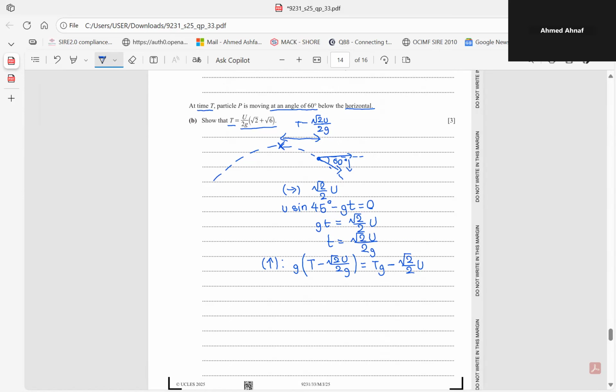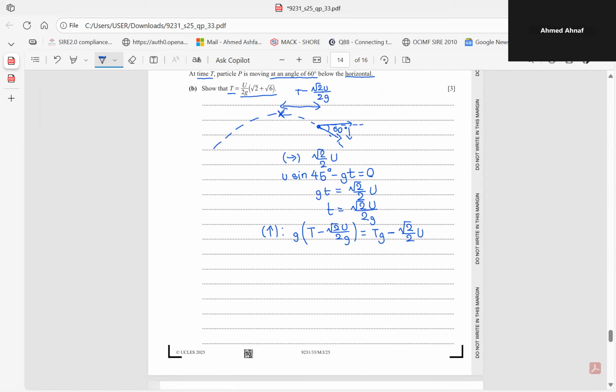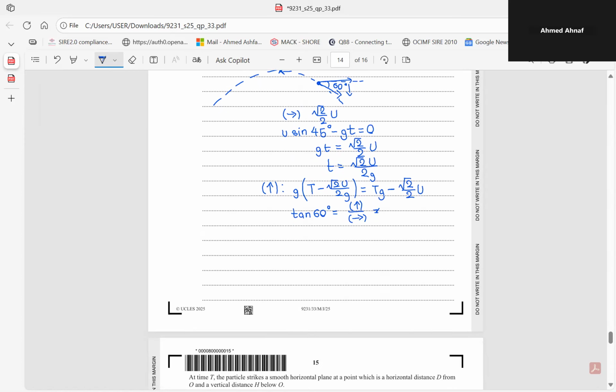Now we are going to make use of this information, and we should also make use of the information that tangent 60 would be equal to the vertical component over the horizontal component. So tangent 60, you just press your calculator, you'll get square root 3.